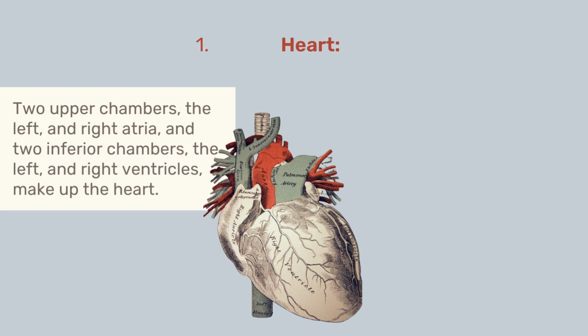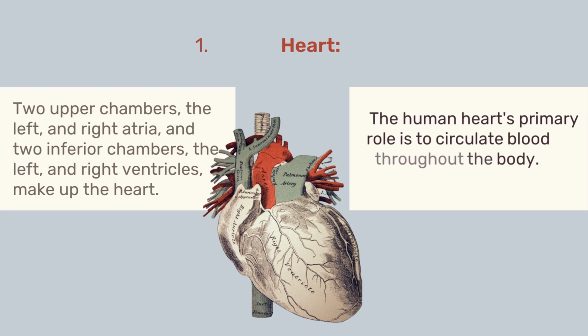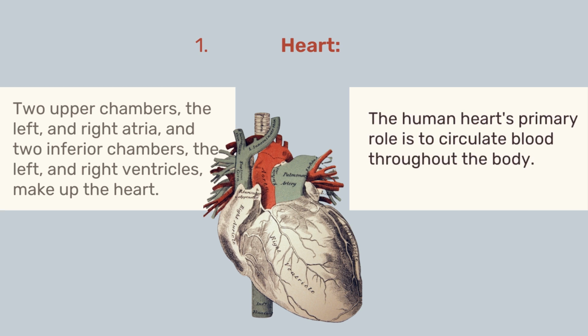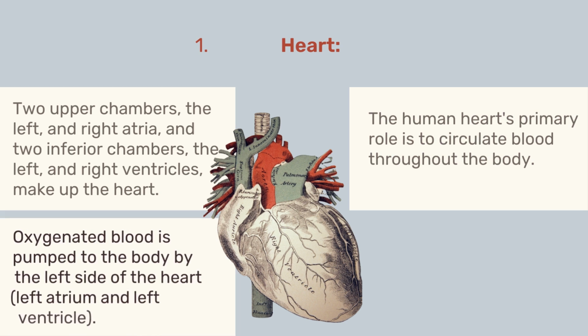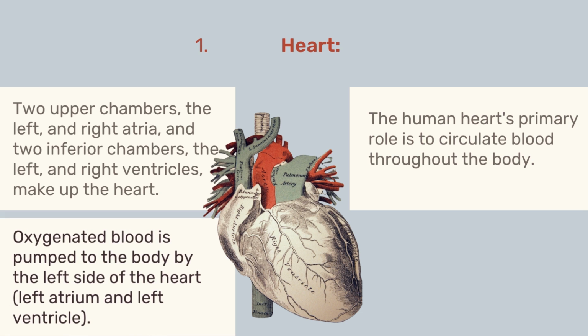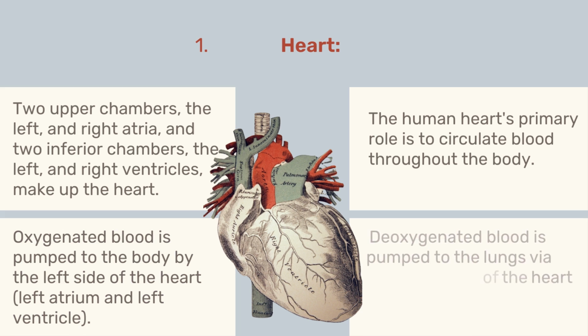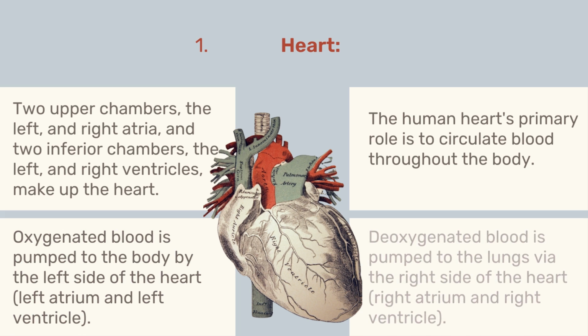As we know, two upper chambers, the left and right atria, and two inferior chambers, the left and right ventricles, make up the heart. The human heart's primary role is to circulate blood throughout the body. Oxygenated blood is pumped to the body by the left side of the heart. Deoxygenated blood is pumped to the lungs by the right side of the heart.